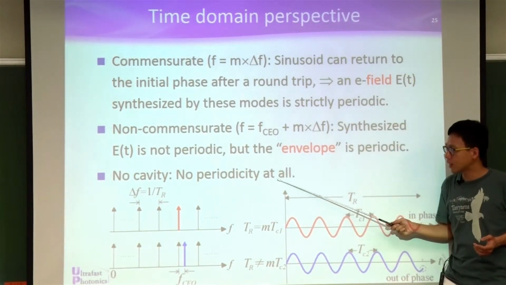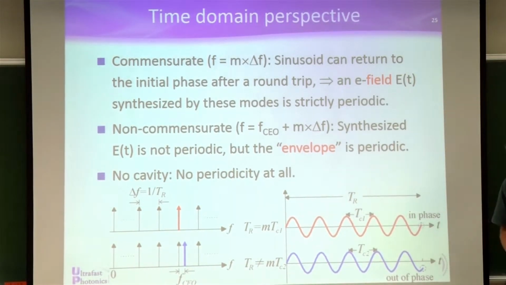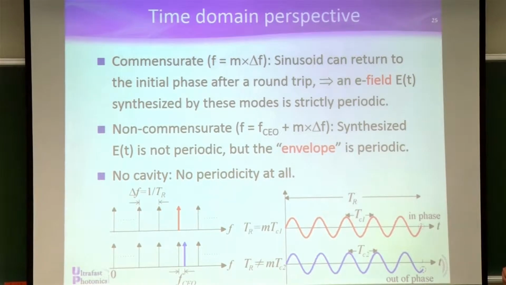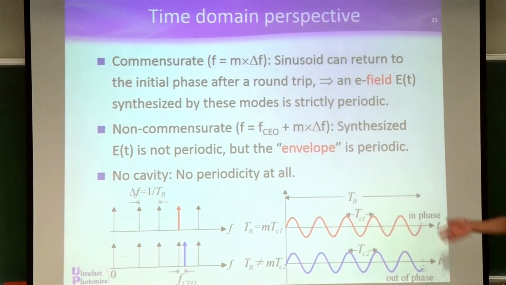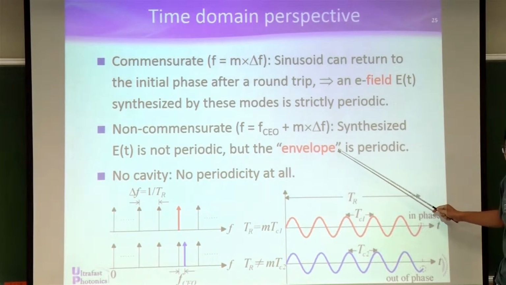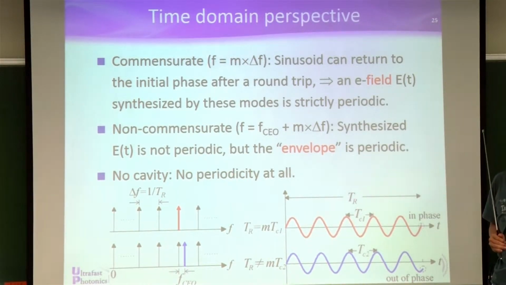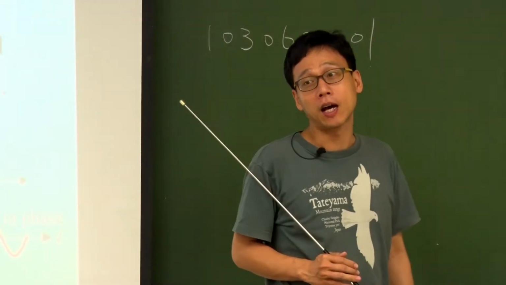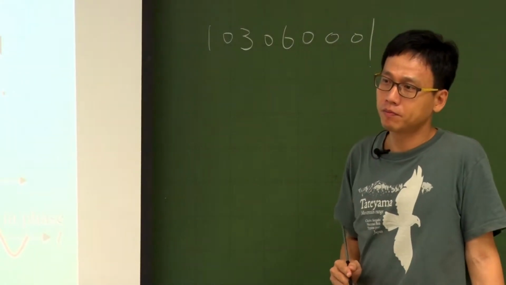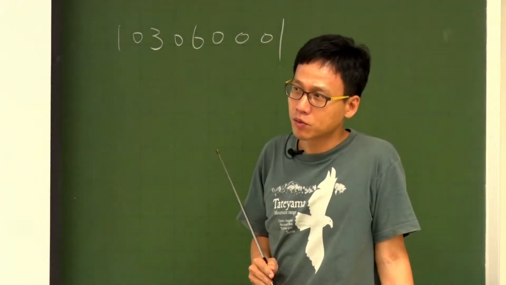Then the synthesized waveform is no longer periodic, no periodicity at all. Okay, so this is a simple comparison between three cases: commensurate modes, non-commensurate modes, and no periodicity at all. It describes the time domain behavior of commensurate or non-commensurate cavity modes.